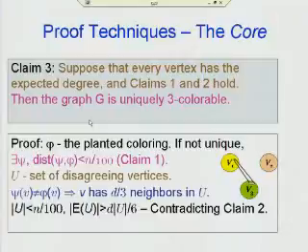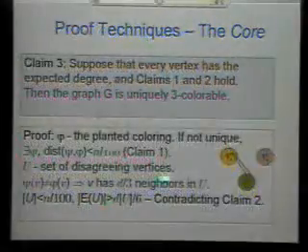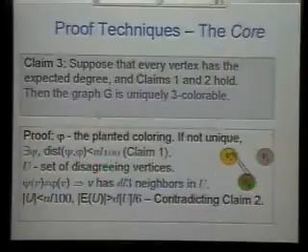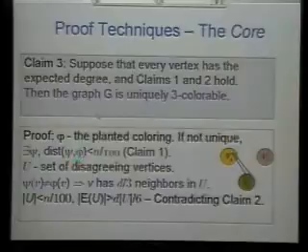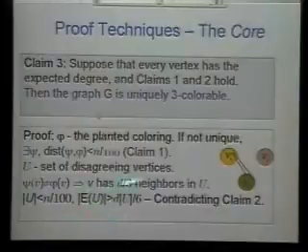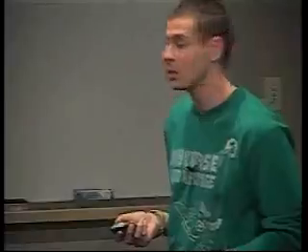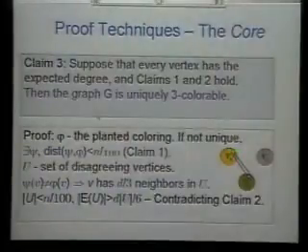So suppose that this is not the case, and you have a proper K coloring which is closed, by claim 1. If it is not the planted one, then let's consider some vertex on which they disagree.